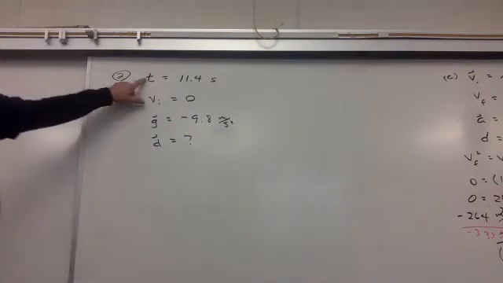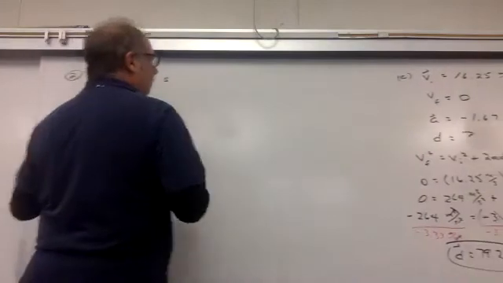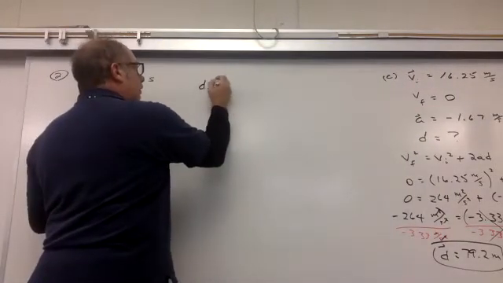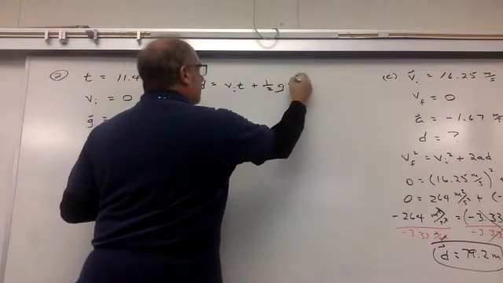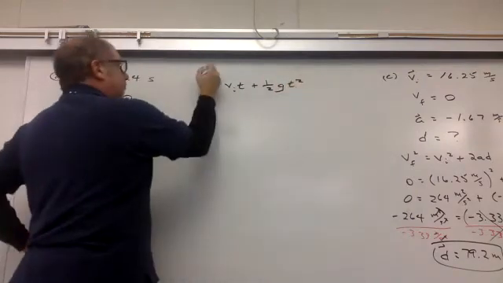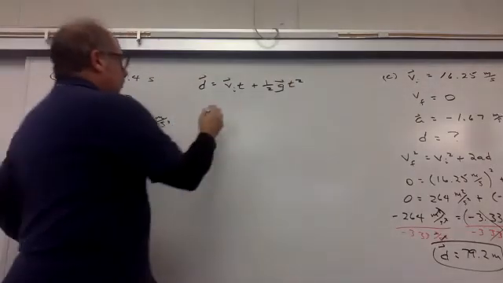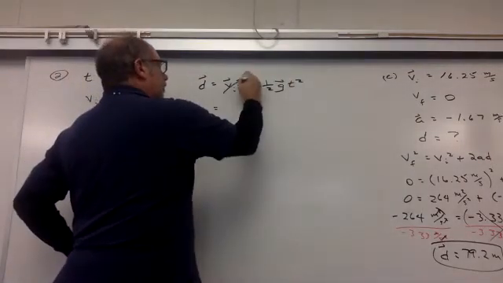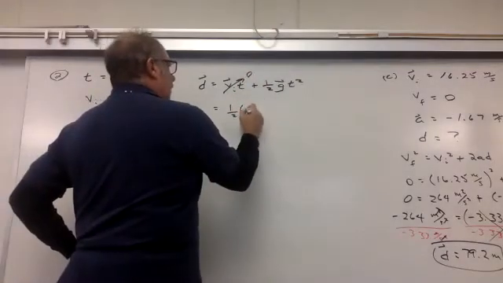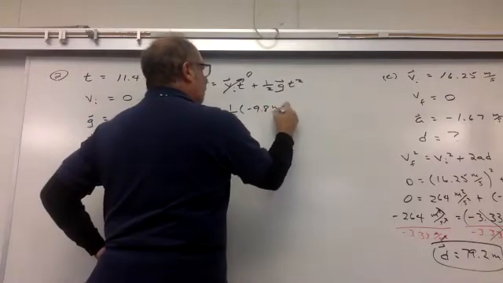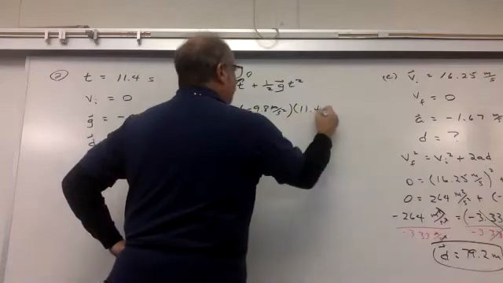So this leads us to, I believe, equation number 7. d is equal to V sub I t plus 1/2 g t squared. Plugging this stuff in, V sub I is 0, so that term goes away. And I have 1/2 times negative 9.8 times 11.4 seconds.